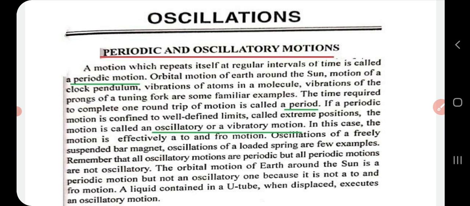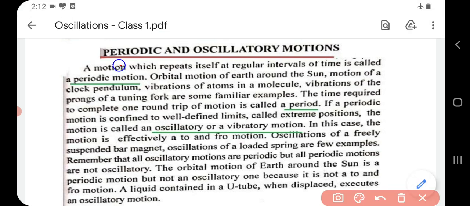That is, if a motion is repeating at a regular interval of 10 seconds, then you call it a periodic motion. Okay, so any motion which repeats itself at regular intervals of time is called periodic motion, and some examples are orbital motion of earth around sun, motion of clock pendulum, vibration of atom in a molecule, vibration of prongs of a tuning fork, etc.